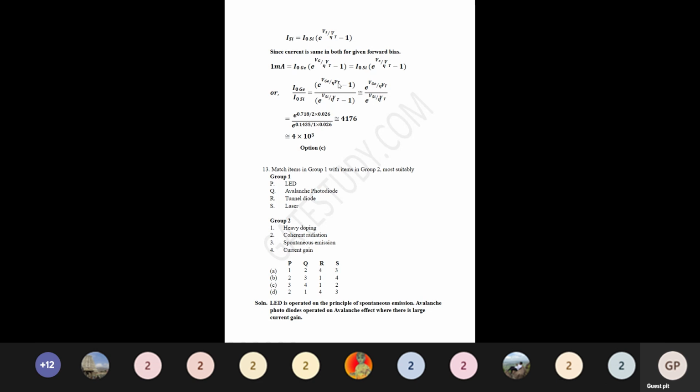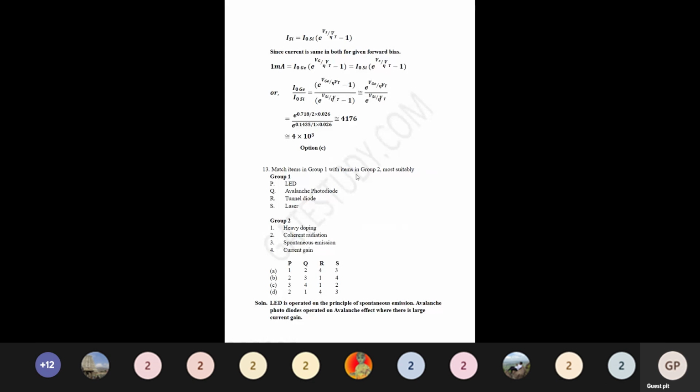So e to the power, they have given 0.1435 divided by 1 into 0.026, divided by e to the power 0.718 divided by 1 into 0.026, which is nearly equal to 4176. It is 4 into 10 power 3.